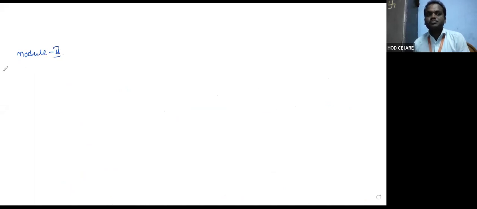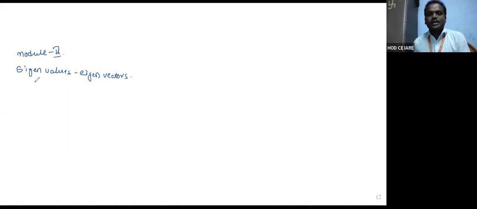Module 2. In this module 2 you learn only eigenvalues and eigenvectors. For any square matrix we can first find the eigenvalues.